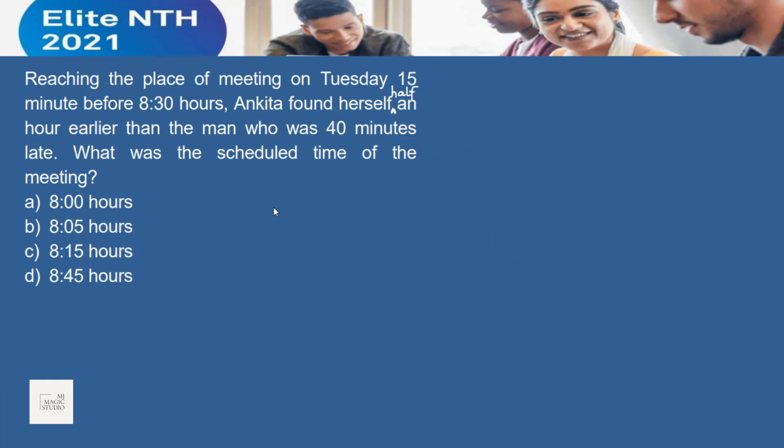Reaching the place of meeting on Tuesday 15 minutes before 8:30 means reached at 8:15. Ankita found herself half an hour earlier. Half an hour earlier means someone is supposed to come at 8:45, earlier than the man who was 40 minutes late.